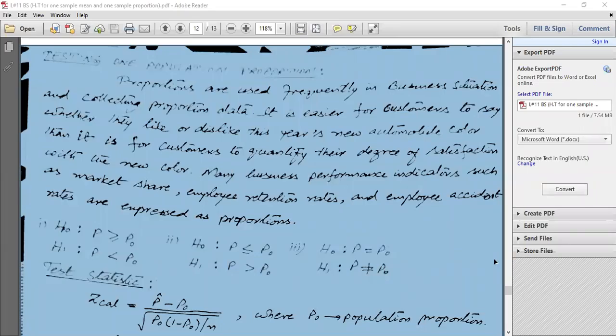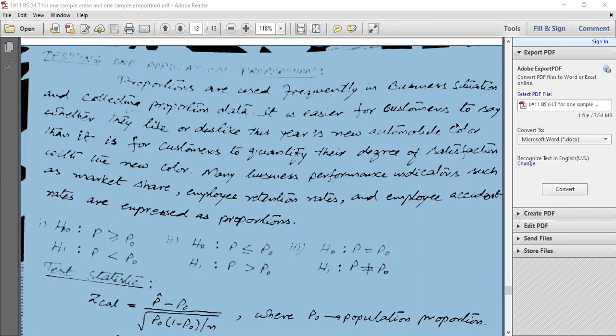Today we will discuss hypothesis testing on one population proportion. Proportions are used frequently in business situations, and collecting proportion data is common.